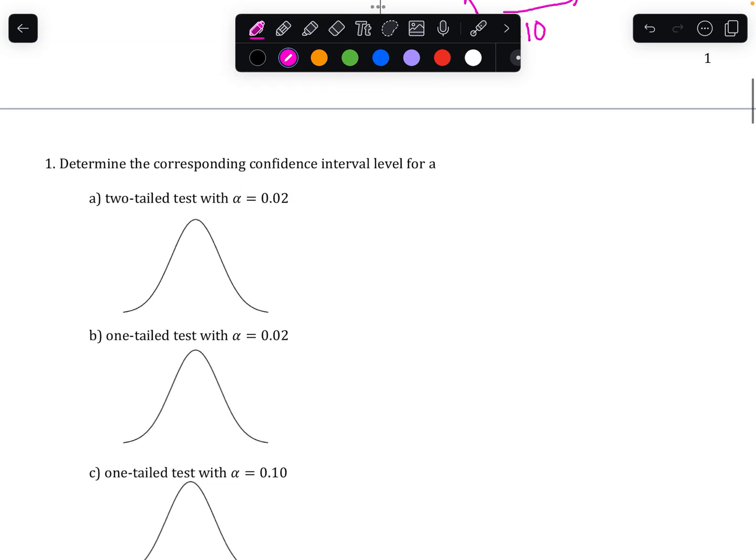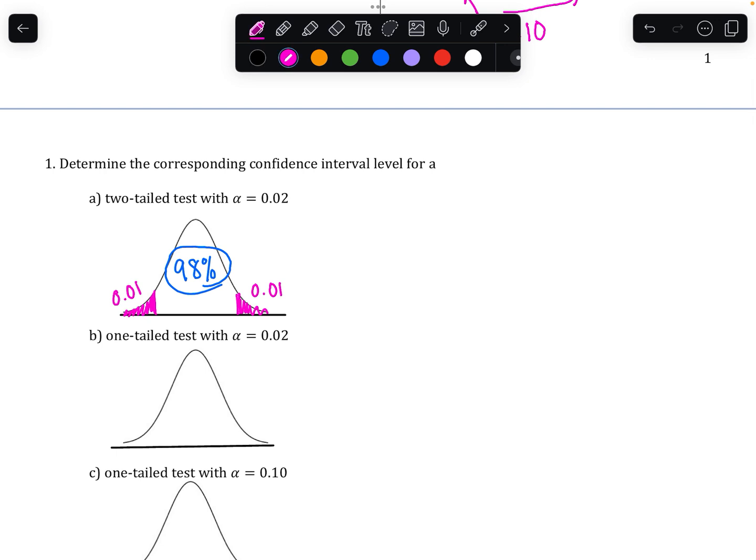Okay, so two-tailed test. Alpha is 0.02. That means that if it's two-tailed, I'm counting both sides as my 0.02, which means I've got 0.01 over here and 0.01 over here. So what's the confidence level that's left in the middle? 98%. Okay, check out the next one.